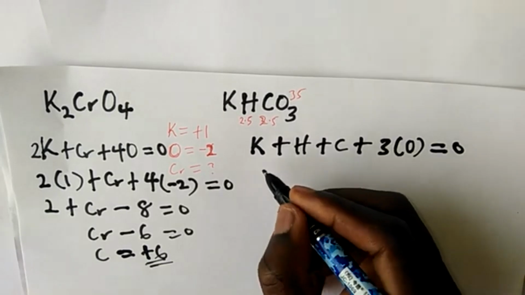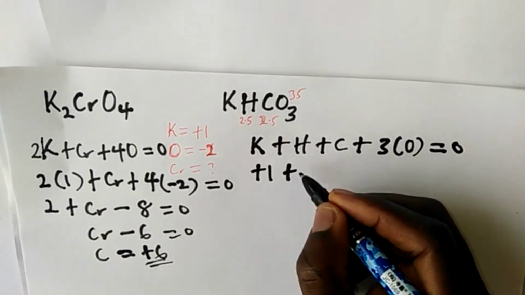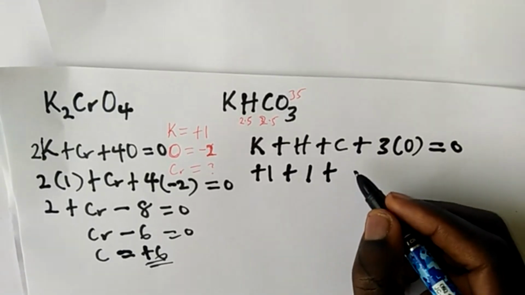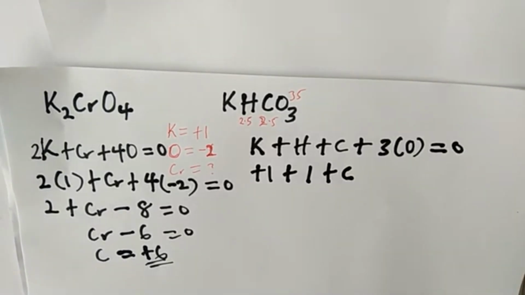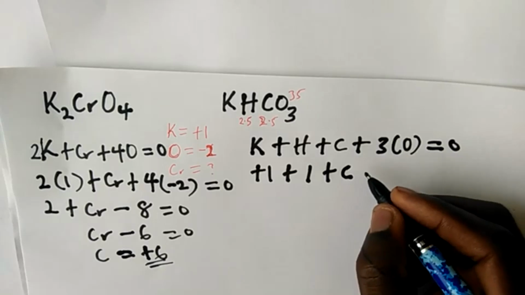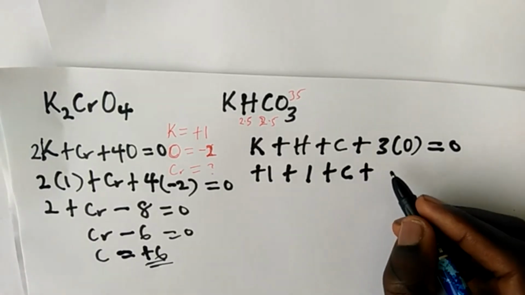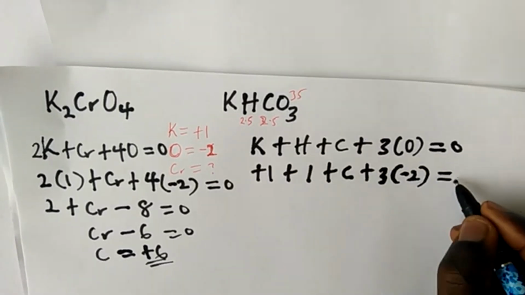Now we say potassium, which is +1, plus hydrogen is also +1, plus carbon is what we are looking for, then plus 3 oxygen. 3 oxygen, we have it to be -2. So it's going to be 3 times -2. It's equals to 0.